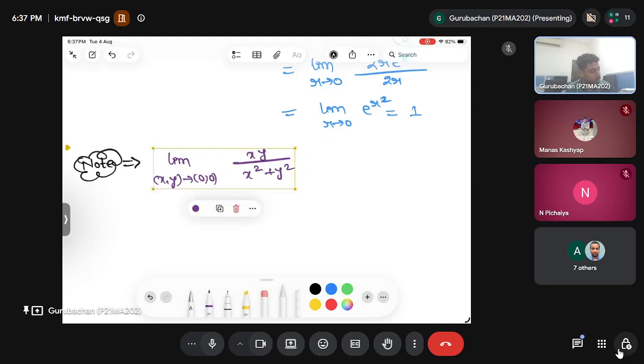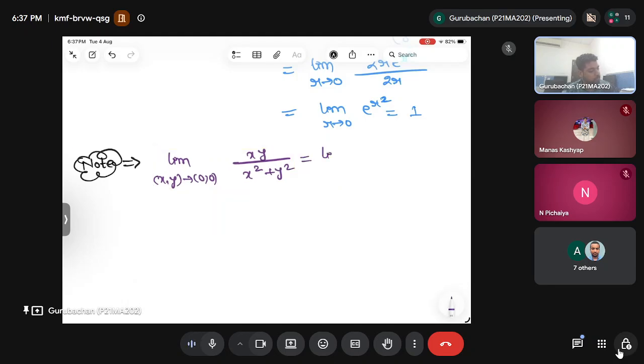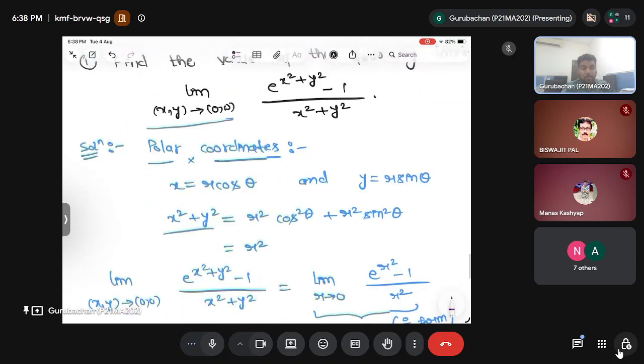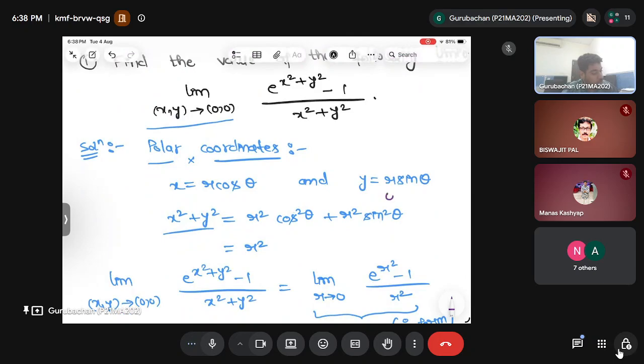You will get limit r tending to 0 of r square cos theta sin theta divided by r square. So from here you will get cos theta sin theta. Since r is tending to 0, theta will not get affected. So this will be your answer. But here theta varies from 0 to 2 pi, since this is a polar coordinate of a circle.